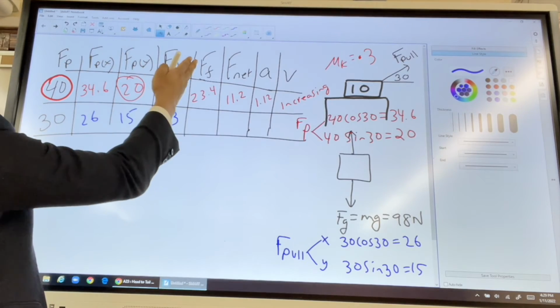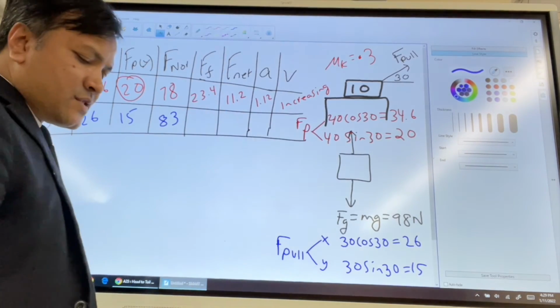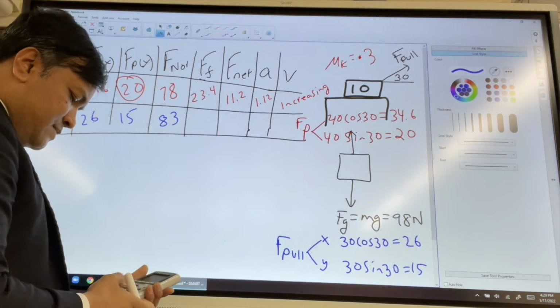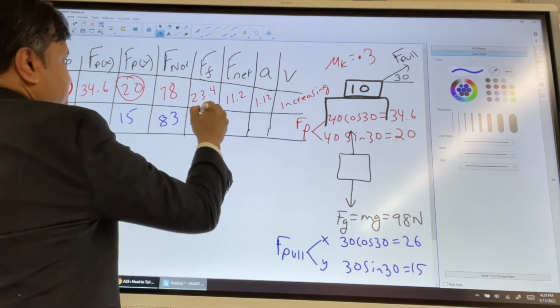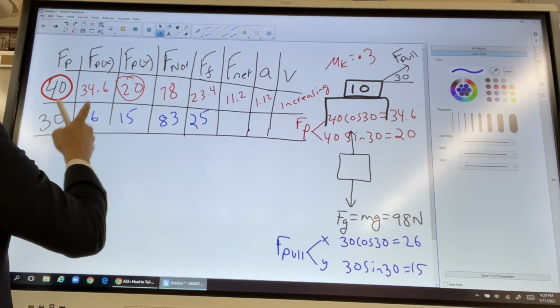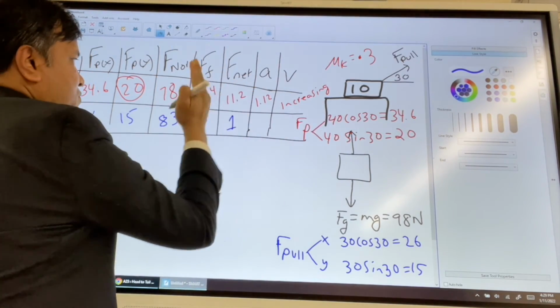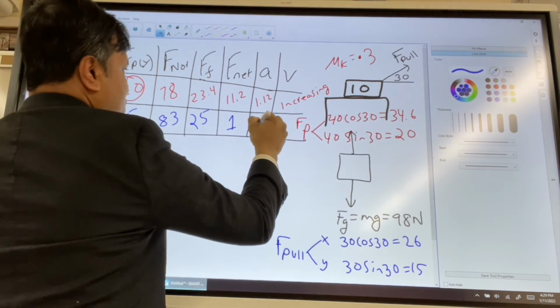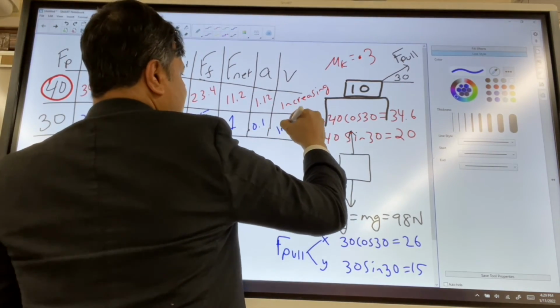Now force of friction would be 83 times 0.3, which would be 25. Net force would be 26 minus 25, 1. So acceleration is 1 divided by 10, 0.1. Velocity will still be increasing.